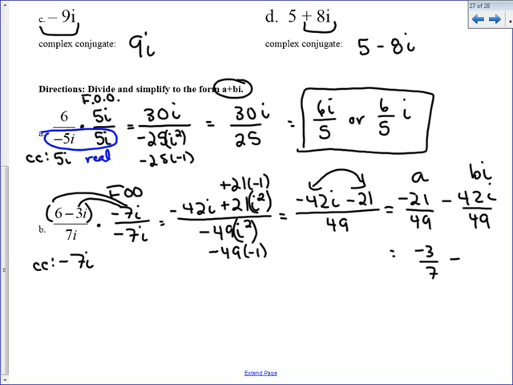So it's going to be minus 6/7 i. And again, the i could be part of the numerator or it could be beside. But you see, my real fraction is negative 3/7. And then the bi is the negative 6/7 i. You've got the very distinct real and the very distinct imaginary.